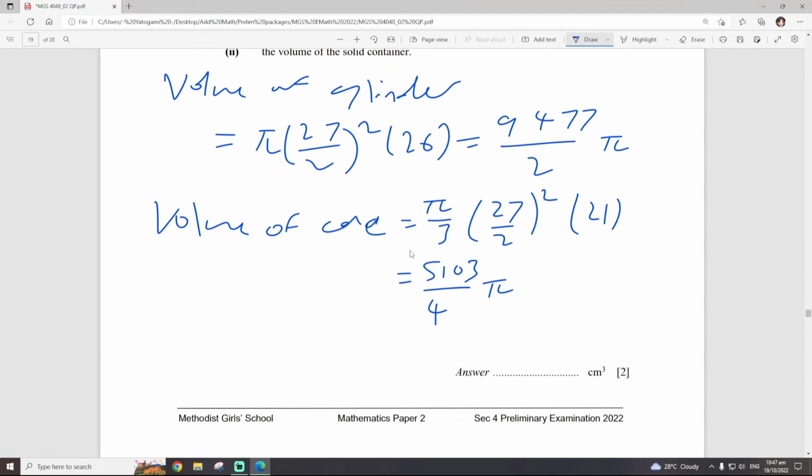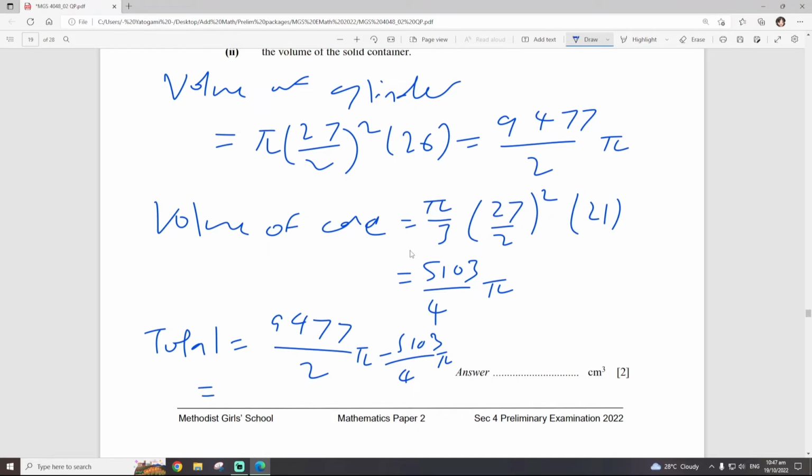So therefore, total equals to, you can just take this, 9477 over 2 pi minus 5103 divided by 4 pi.